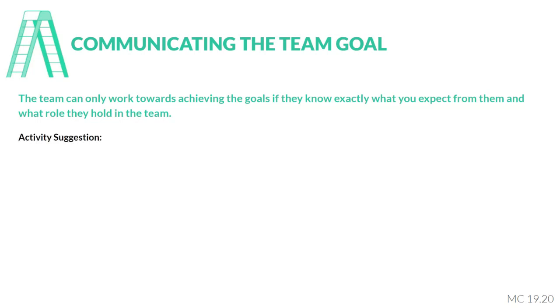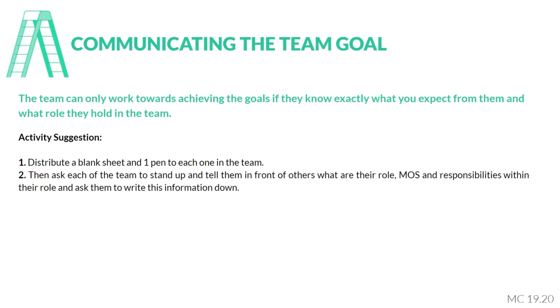I brought to you as well an activity suggestion in order to have this communicating team goals done. Okay. So first of all, you're gonna distribute a blank sheet and one pen to each member of the team.